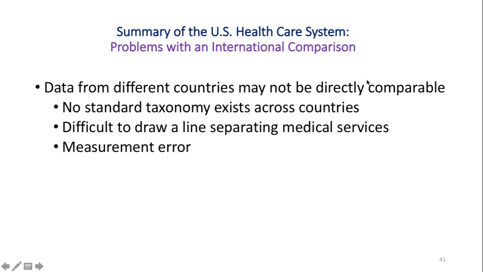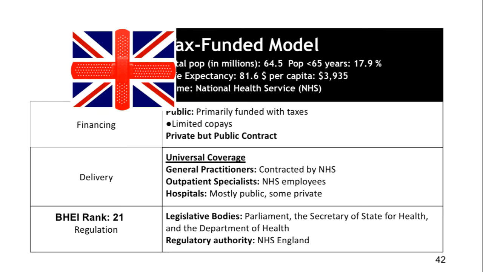Now, I wanted to let you know about the limitations before going through the results of the empirical studies. The United Kingdom has a tax-funded model. The financing is primarily public, funded with taxes, and there are limited co-pays.